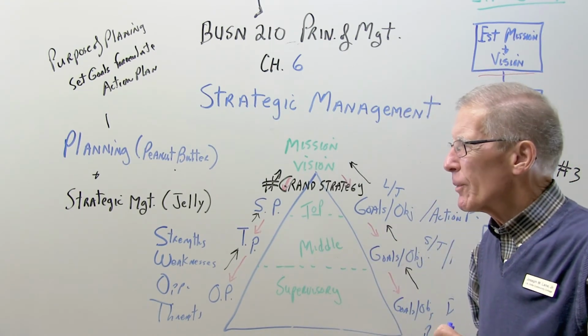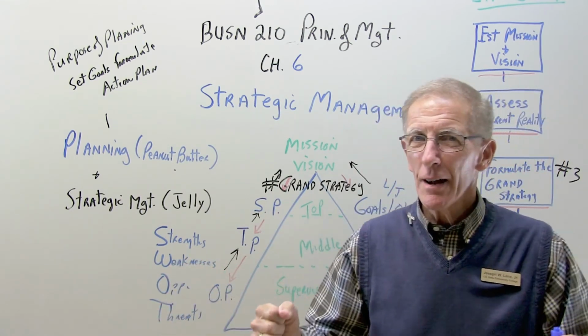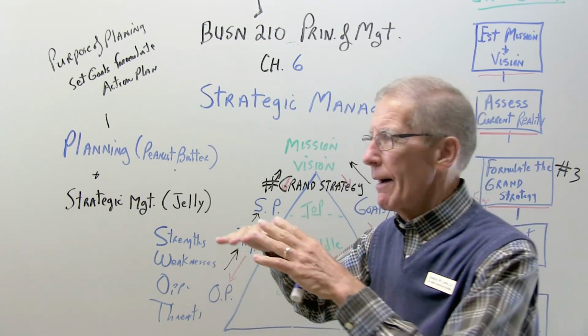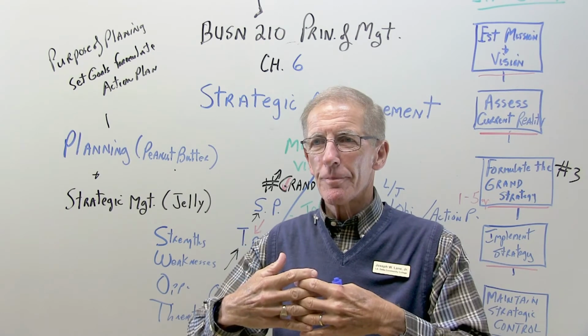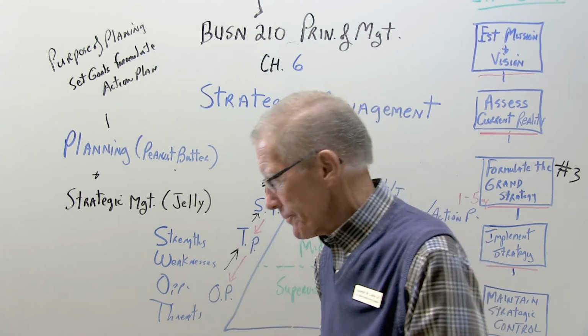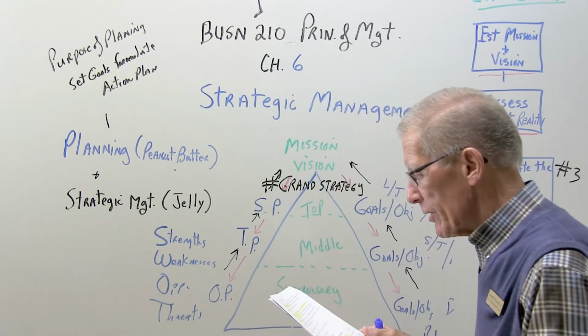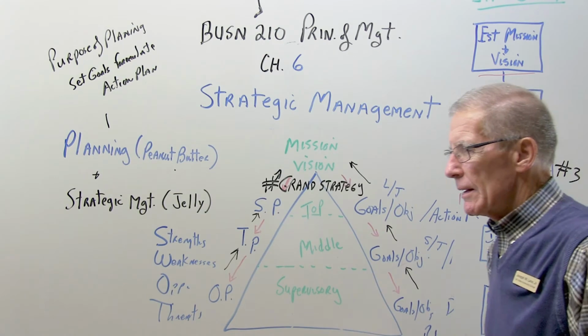A defensive strategy is where you're circling the wagons. You're just kind of hanging on. I'm just trying to protect what I've got. Reduction in the organization's efforts, a defensive strategy.